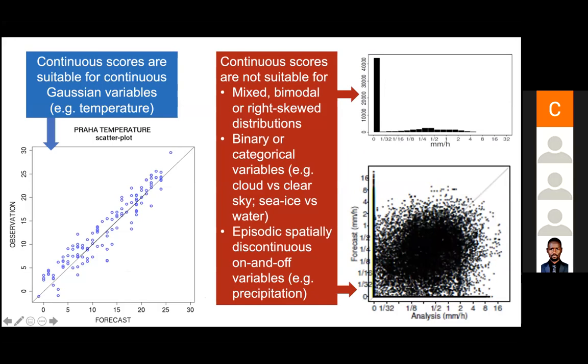And if you look at the axis, it is in a logarithmic scale, very right-skewed. They're not suitable for binary or categorical variables, like clouds versus clear sky or sea ice versus water. They are not suitable for episodically spatially discontinuous on and off variables, like, for example, precipitation.